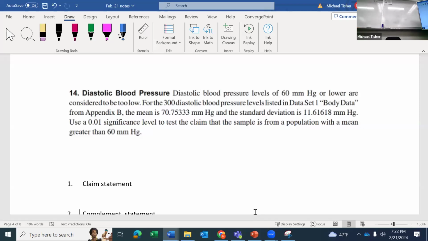Okay, now right now just try to get the p-value. Sample size was 300 levels, so put 300. No, well, that's the mean. So the mean is 70.75333. Sample size.